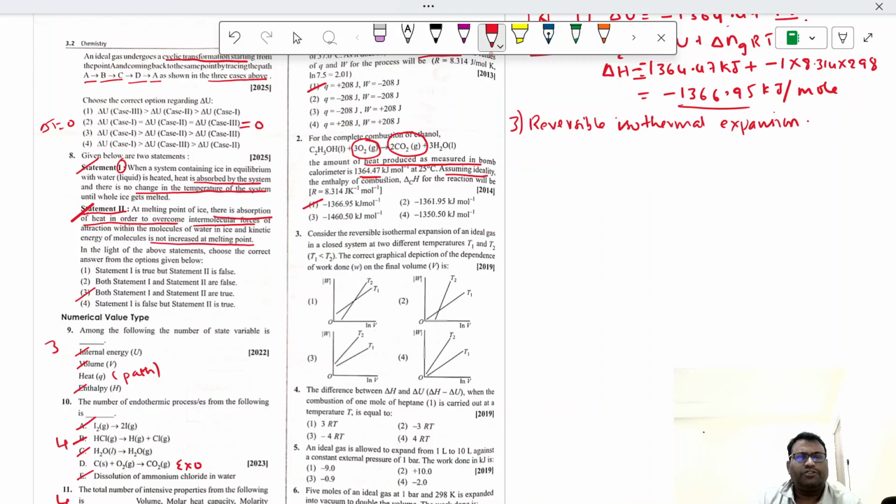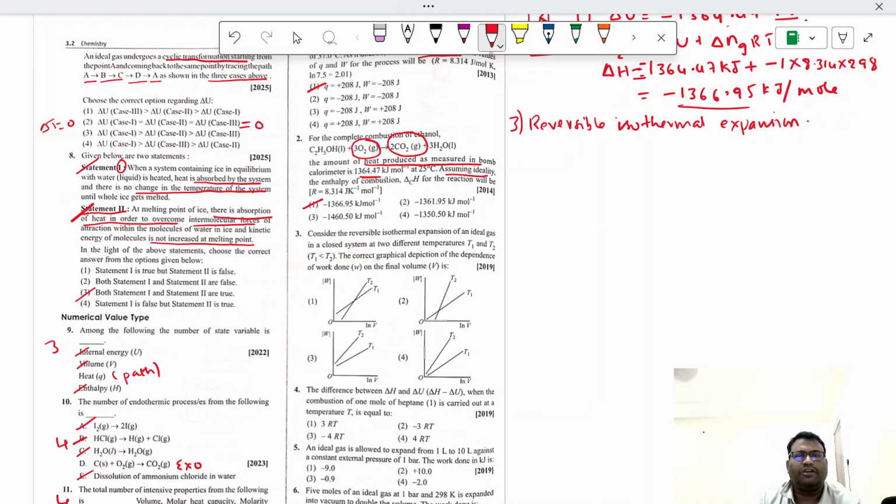So for this reversible isothermal expansion of an ideal gas in a closed system at two different temperatures T1 and T2, where T2 is greater than T1, the correct graphical depiction of the dependence of work done on the final volume. Let us see. We know work done and volume. The relation asked is: on the x-axis, what did they take? Work done. On the y-axis, log V.